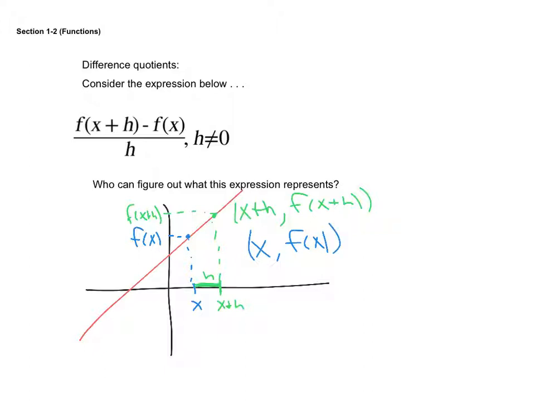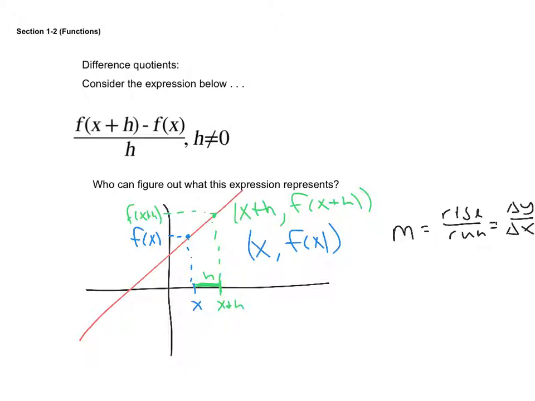So what, you might say? Well, look at what we got here. I'm going to do this in black now. I'm going to find the slope of this line, which equals rise over run, which also equals the change in y over the change in x. Well, what is the change in y?